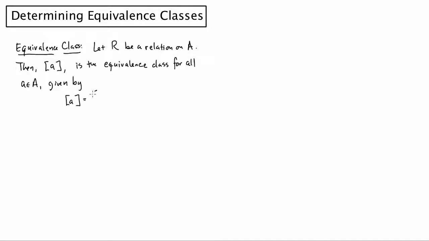It's the set of all other elements in A that the lowercase element a is related to. So it's the set of all b in A such that a and b are related.